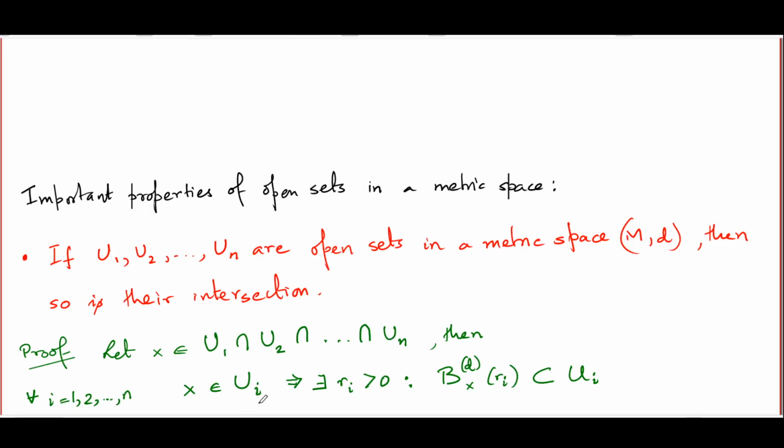And since x belongs to ui, this implies that x is an interior point of ui, and therefore there must exist a positive number ri such that a ball of radius ri, centered at x, must be contained entirely within ui.